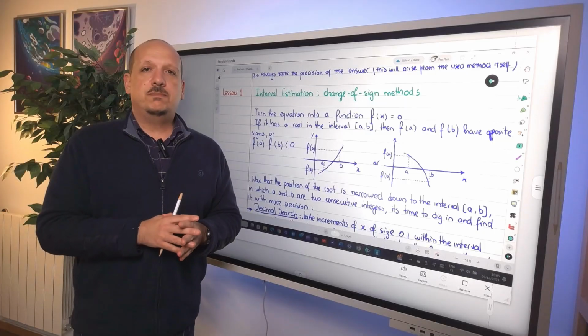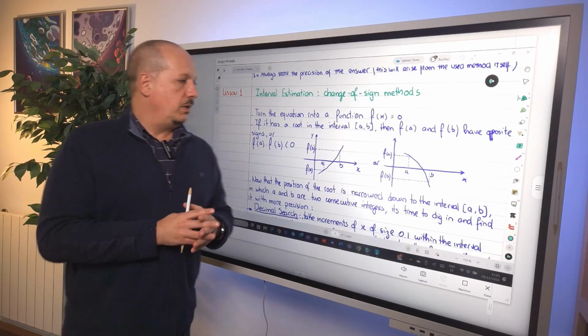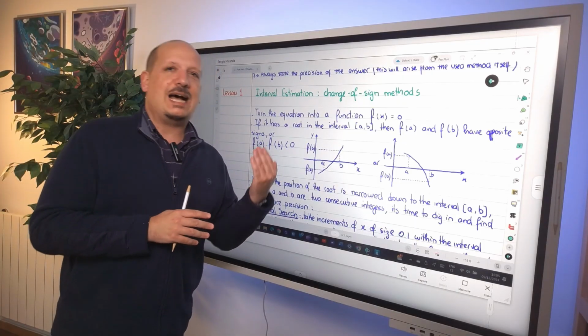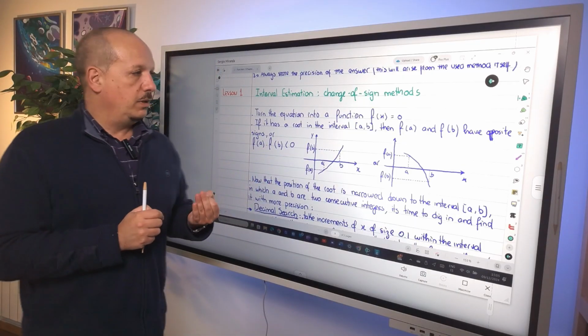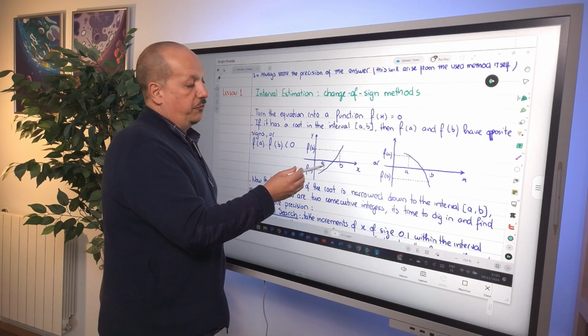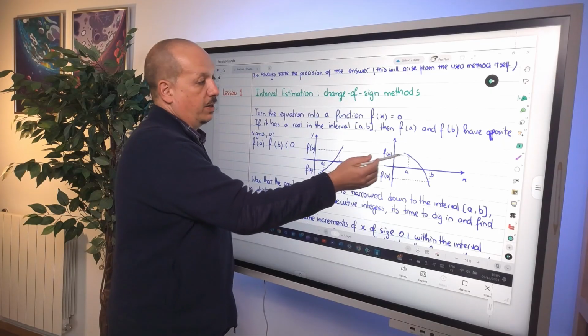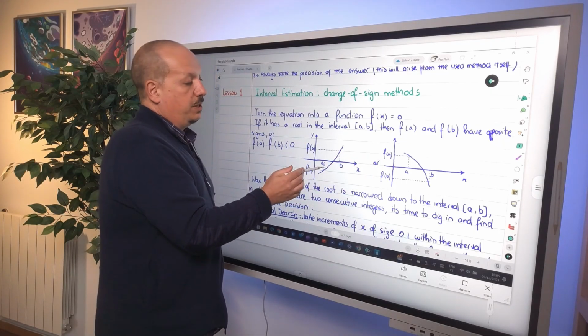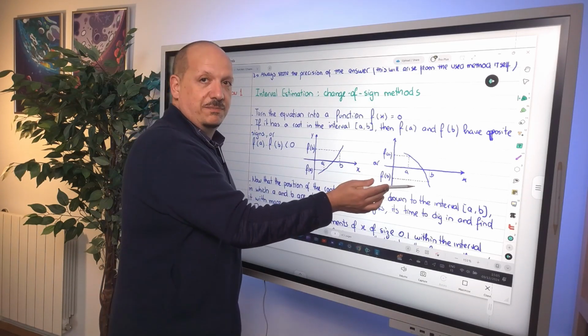For any function that has a zero, what happens a little bit before and a little bit after that zero? A little bit before, the function is going to be either negative or positive, and a little bit after it's going to be positive or negative, all right?